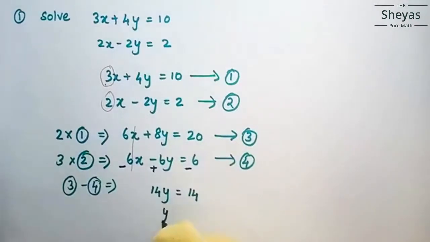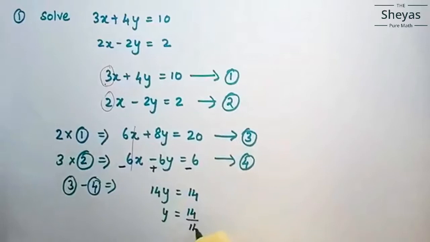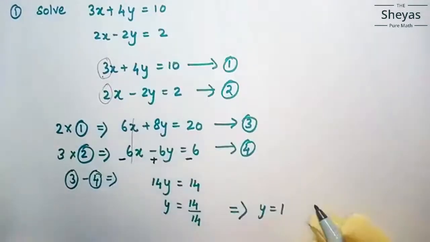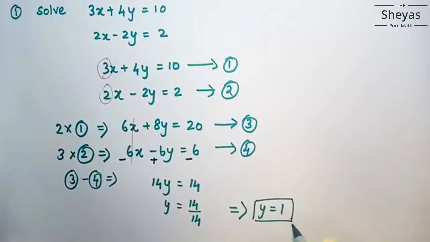Now 14y is equal to 14. If it is a multiplication, when it goes to the other side, it will be 14 by 14. So y is equal to 14 by 14. If you cancel it, it will be 1. So y is equal to 1.